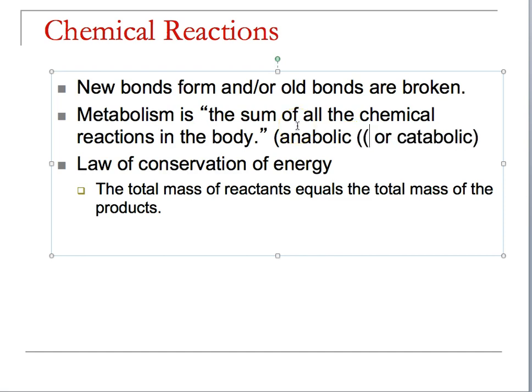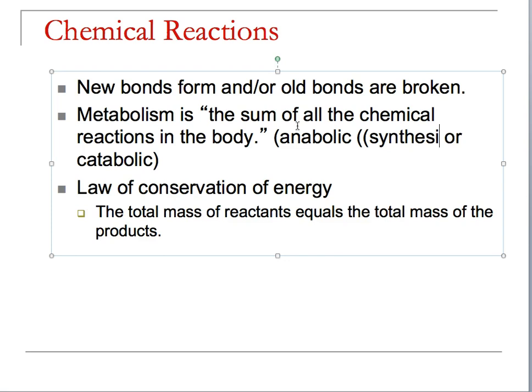So let's put a double one in there. Synthesis reactions, or hydrolysis. Let's put another one in there. Hydrolysis, H-Y-D-R-O-L-Y-S-I-S. Okay? So I guess that would be 3 if we're going to do it properly, right?